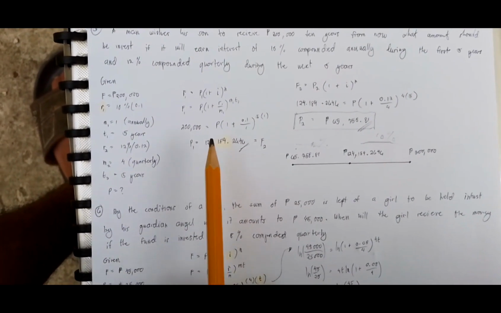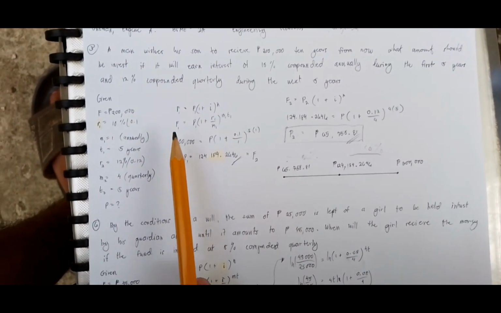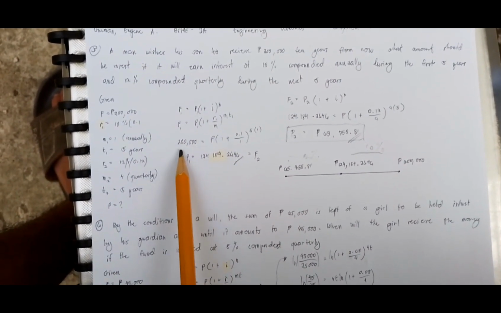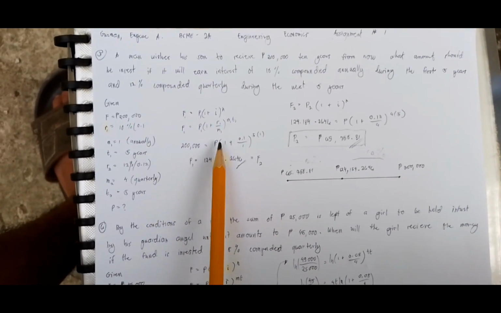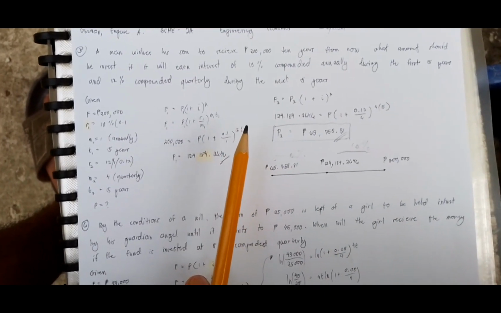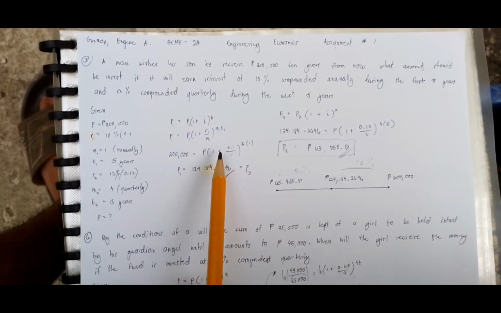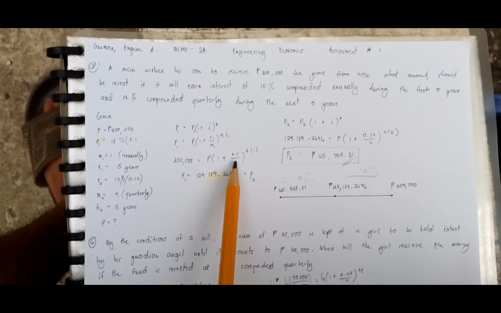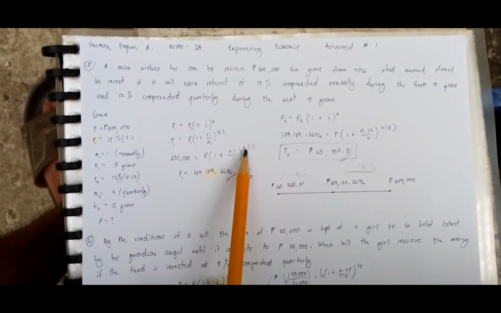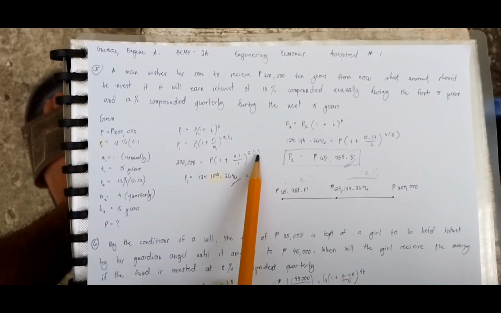Now that's all for the first question. So simply substitute F equals 200,000, P is unknown, which is our present worth at 5 years, going back 5 years ago. So 1 plus the nominal rate over the mode of compounding, raised to N, or m times t, years times mode of compounding.